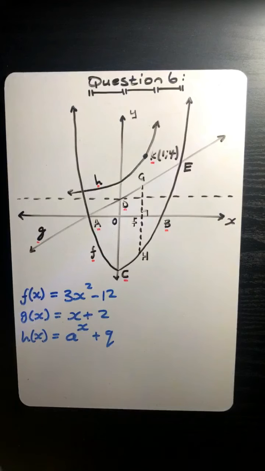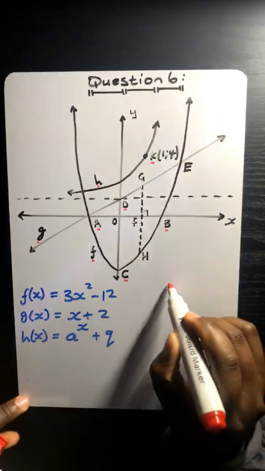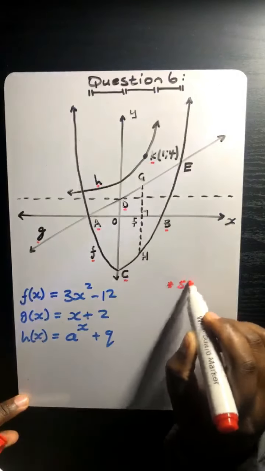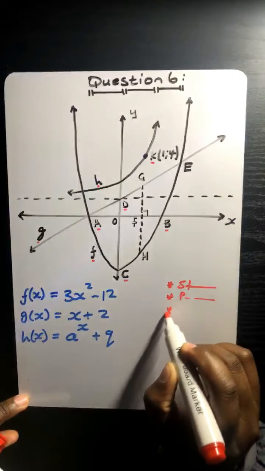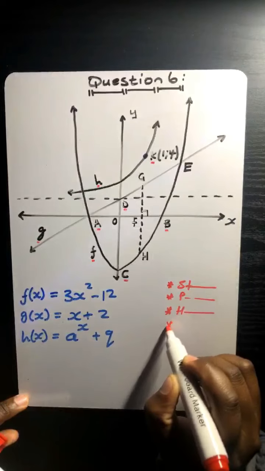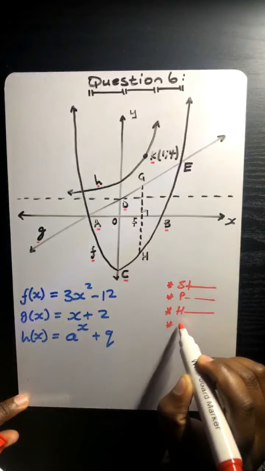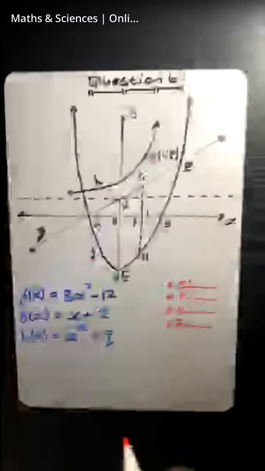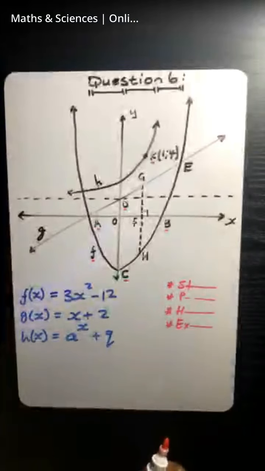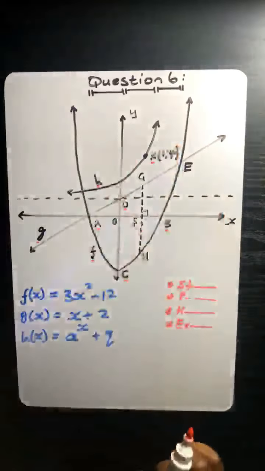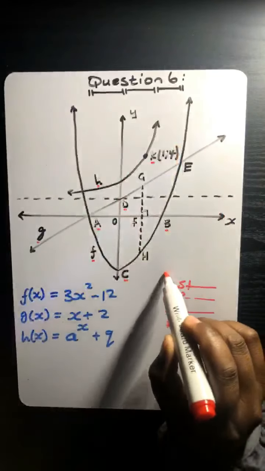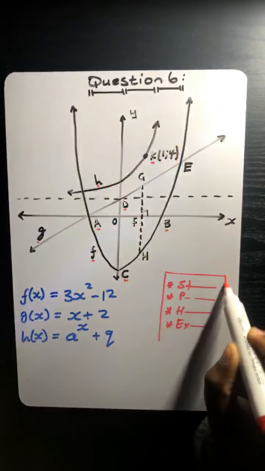So that means we actually studied 4 types of functions: a straight line, a parabola, a hyperbola, and an exponential. So, ladies and gentlemen, for the fact that we are dealing with functions, expect any of these.